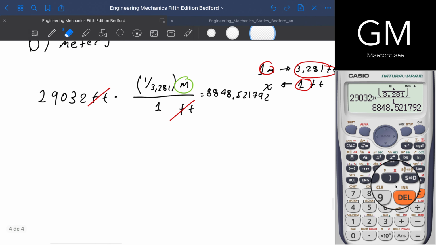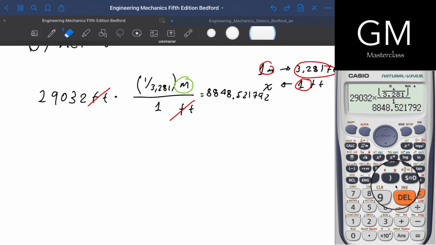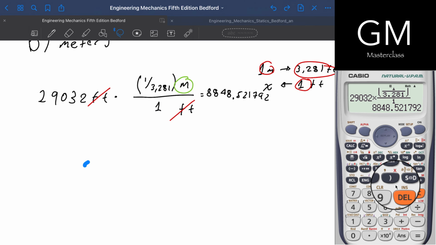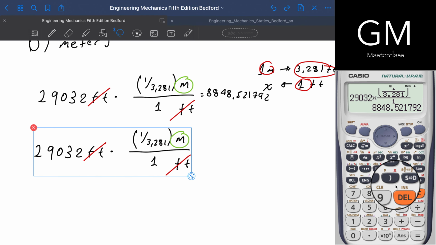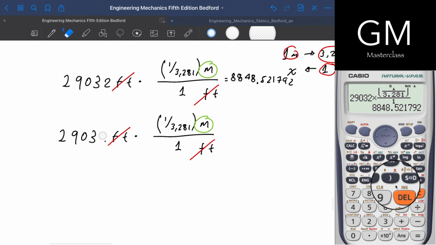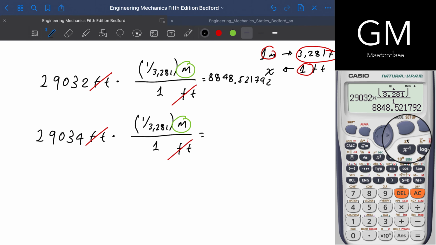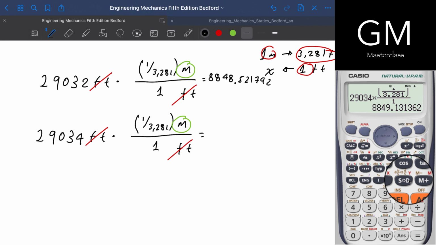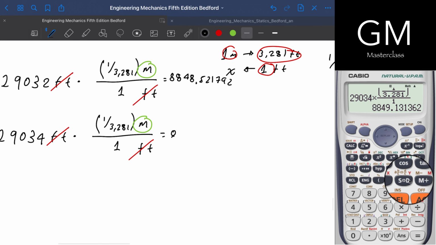And I'm going to do the same thing with the other number, which is just changing these two into a 4. The answer is 8,849.1362.